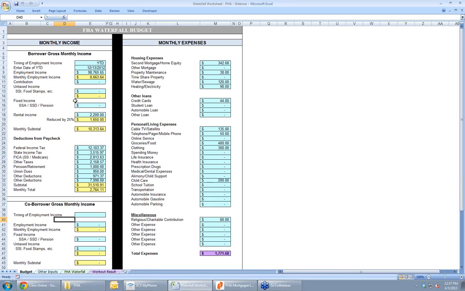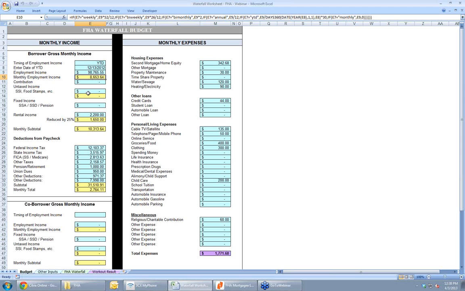This is a sample scenario, the same one that you'll find in our guide. In this case, we have a year-to-date figure for the borrower, so that's selected as timing of employment. As Joe already explained, this is the date that payment was issued, and the calculators calculate what the monthly income is. So what I'm going to draw your attention to is a few things here.